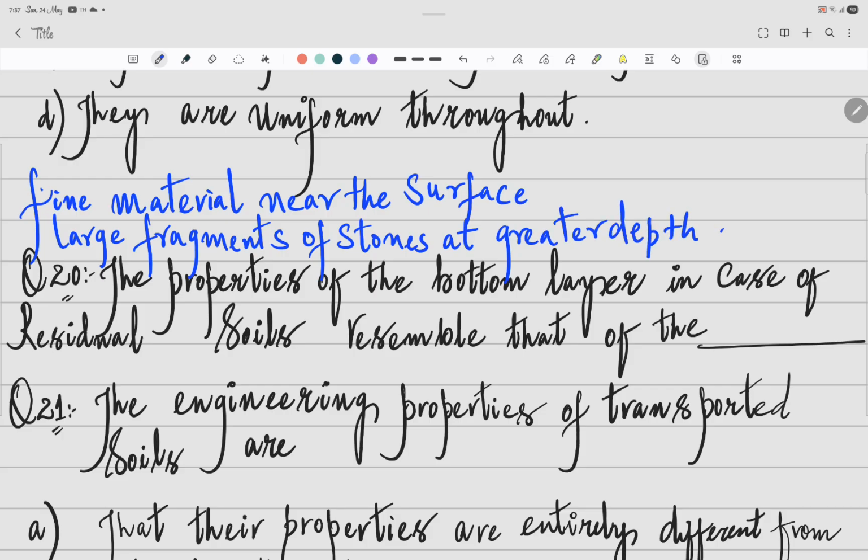And the properties of the bottom layer resemble that of the parent rock, and the thickness of the residual soil formation is generally limited to 5 meters only.